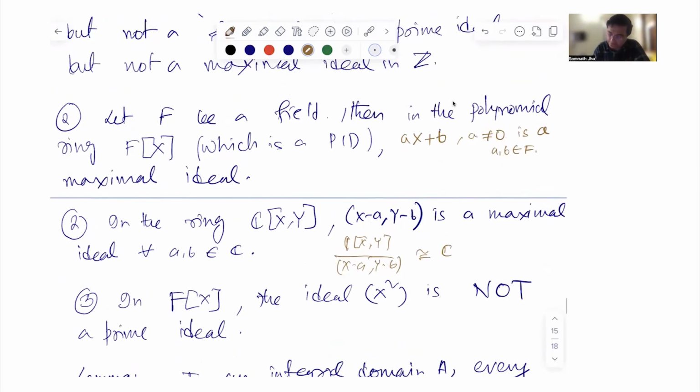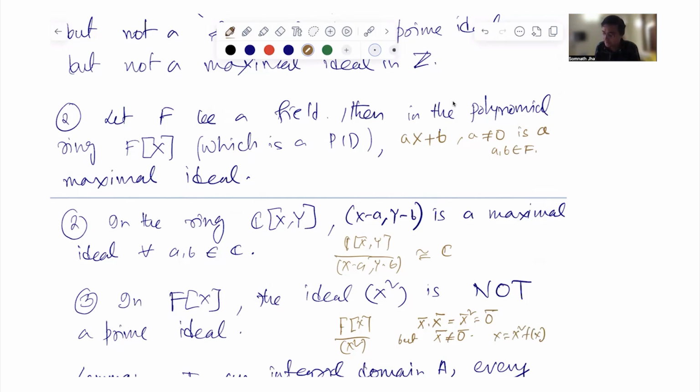In F[x], the ideal generated by x squared is not a prime ideal. That is because if you take F[x] mod (x squared), then x bar times x bar is equal to x bar squared, which is equal to 0, but x bar is not equal to 0. If x bar were 0, that would mean x belongs to the ideal generated by x squared, so x can be written as x squared times some f(x).